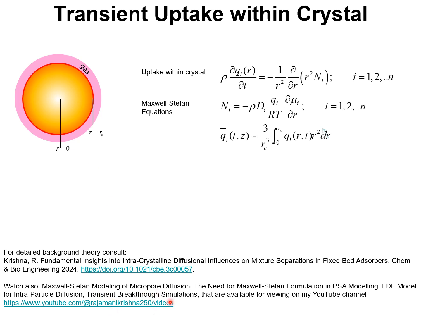As detailed in several video presentations, we set up the differential equations for transient uptake in terms of the fluxes N_i, and the fluxes N_i for each of the components is described by the Maxwell-Stefan diffusion formulation, where D_i is the intra-crystalline Maxwell-Stefan diffusivity of component i, and mu_i is the chemical potential gradient.